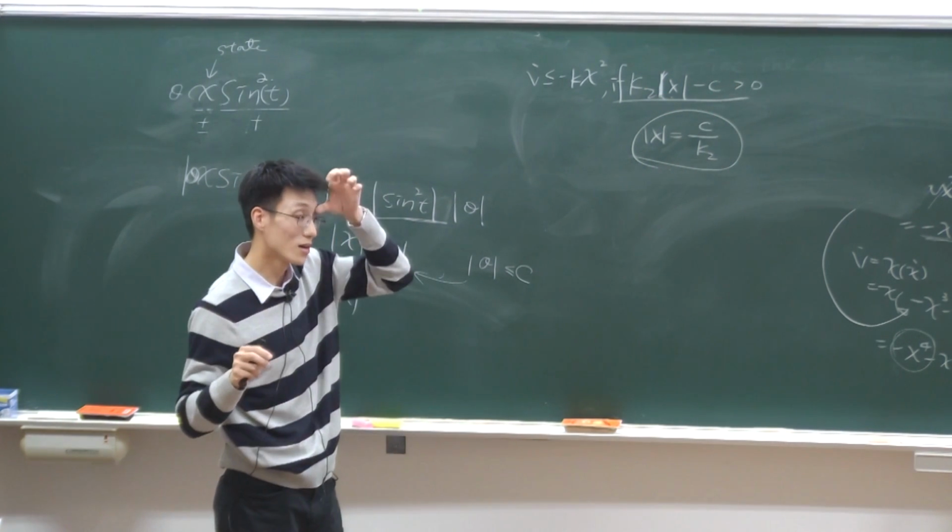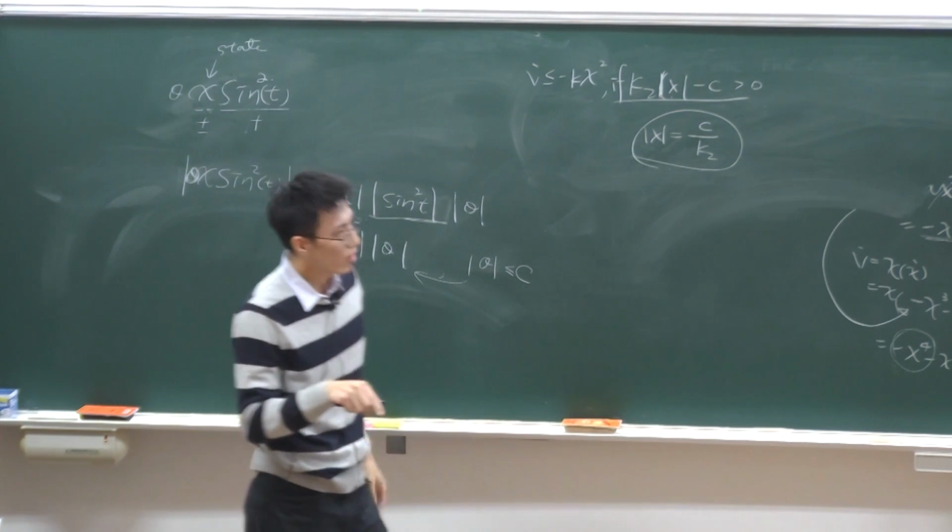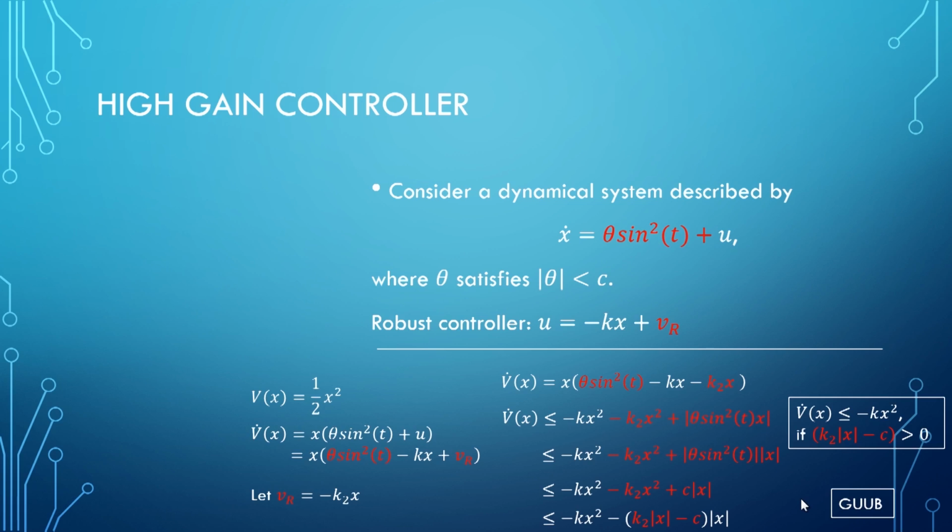Maybe you can think of it another way. What if x equals 0? What if the objective is to prove x converges to 0, right? What if x equals 0? This is 0. Or if x is a very small value close to 0, so it's almost 0 here, right? And so everything in the bracket is like a minus c, a negative value.